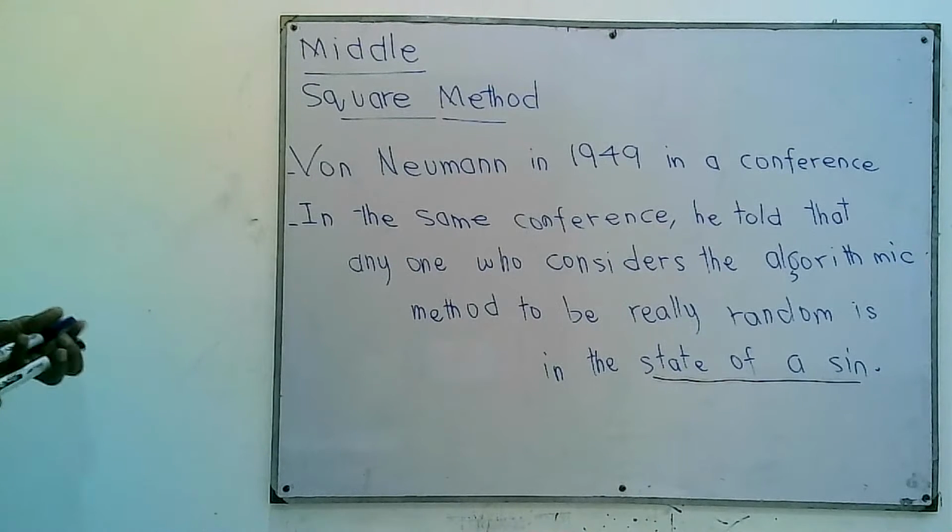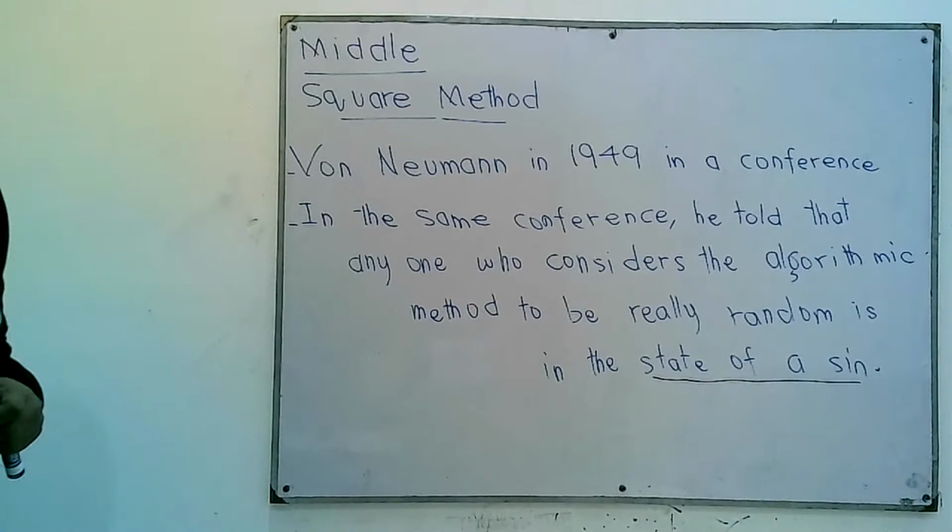Okay? वो गुनाहगार है, ये समझते हैं. He's in the state of a sin who considers the algorithmic method to be actually or really random.